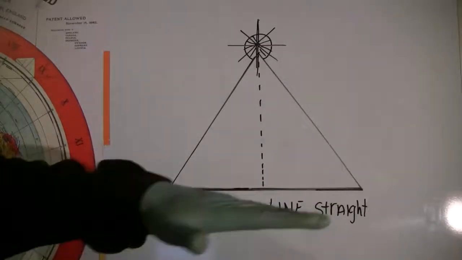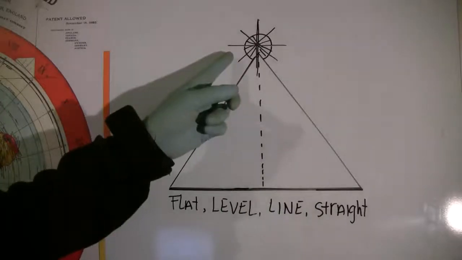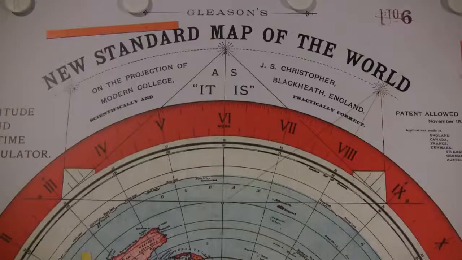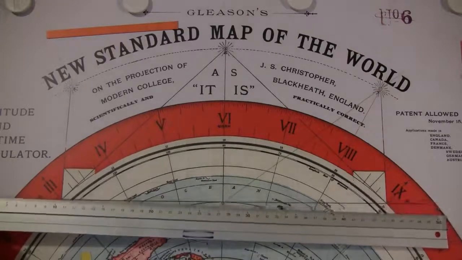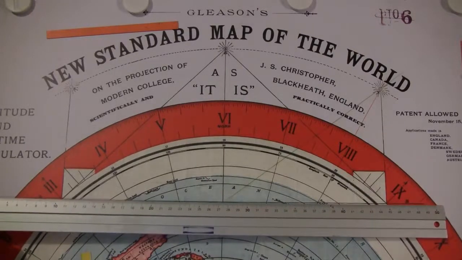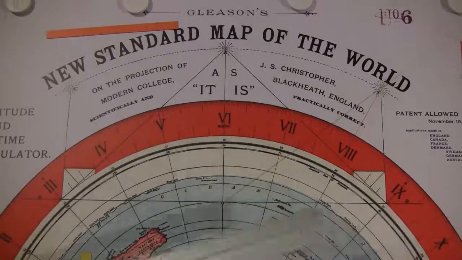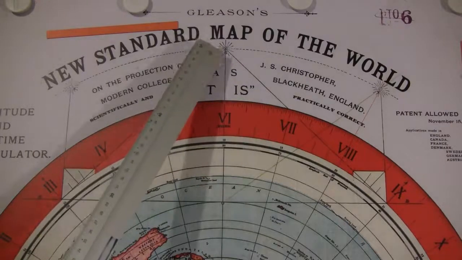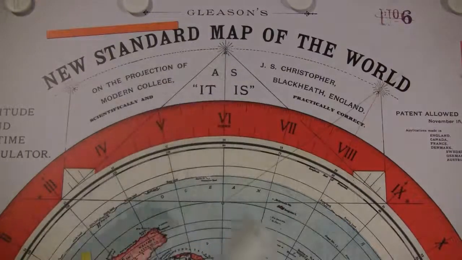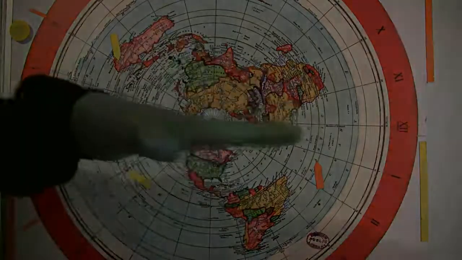Flat, level, plane. The sun is the most important thing. This is the triangle. Everything can be measured by using the triangle. The base of the triangle is flat and level between the 45 degrees latitude lines. The sun is one of the most important things in our life. One circle.